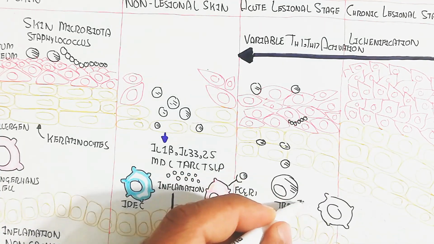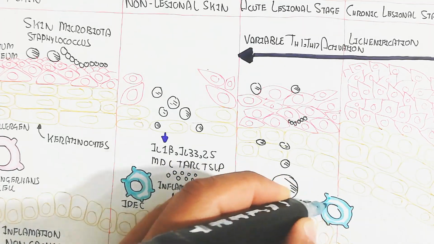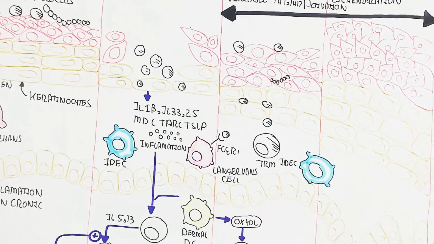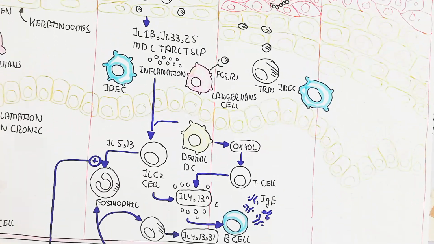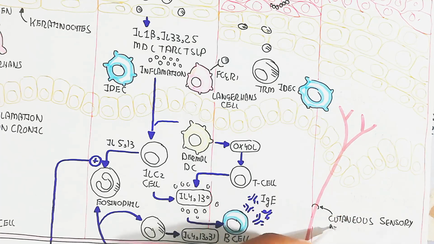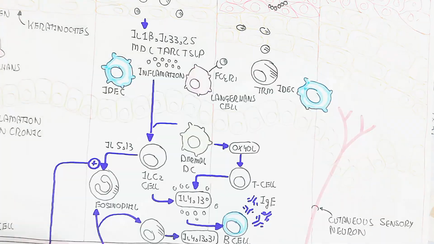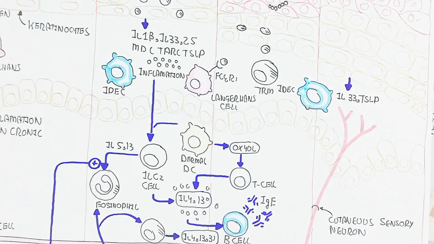This involves T helper 1 cell and T helper 17 activation, and in this way the pathogen and allergen can invade, along with the T regulatory cell. IDEC is the human inflammatory dendritic epidermal cell, which will recognize this pathogen or allergen.